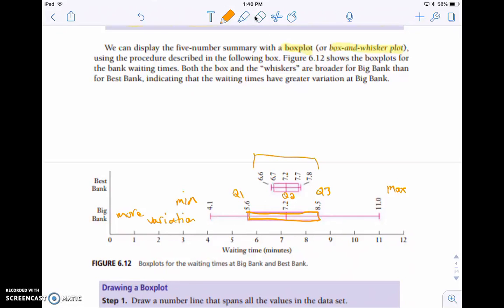I mean, it's squeezed down within a much smaller range of numbers, from 6.6 to 7.8 versus 4.1 all the way to 11.0. So it helps give you an idea as to how spread out we are, and it just visually gives you a very fast look.